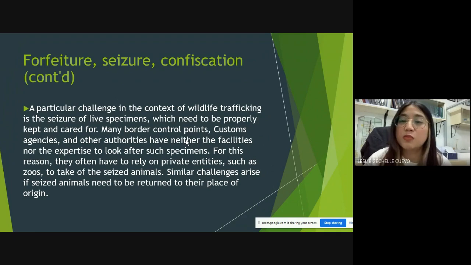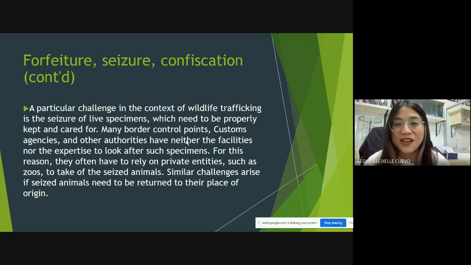Many border control points, customs agencies, and other authorities have neither the facilities nor the expertise to look after such specimens. For this reason, they often have to rely on private entities such as zoos to take care of the seized animals. Alangan ilagay mo yun sa opisina ng DENR, di ba? May na-seize kayong ahas.